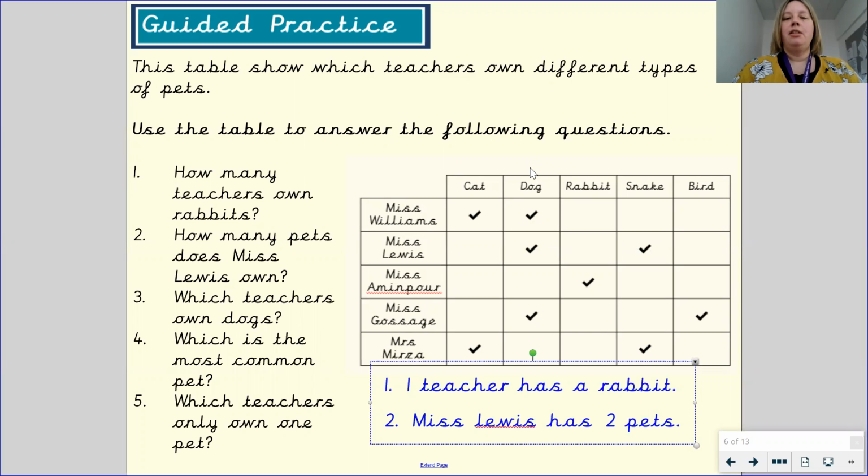My next question says, which teachers own dogs? So I'm going to look at the dogs and I'm going to read down the dog column and see which teachers have dogs. Oh, I've got a tick, so I'm going to write Miss Williams. Then I'm going to keep going to see which other teachers have a pet dog. Oh, Miss Lewis.